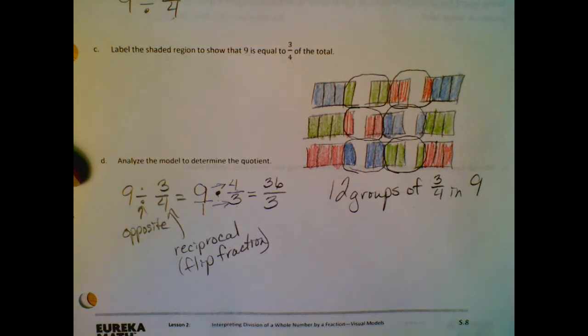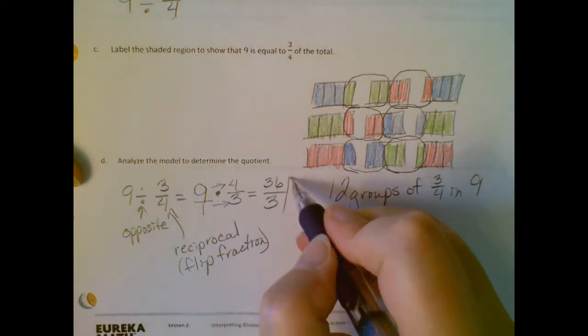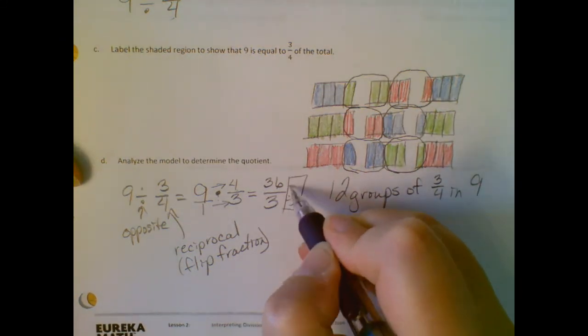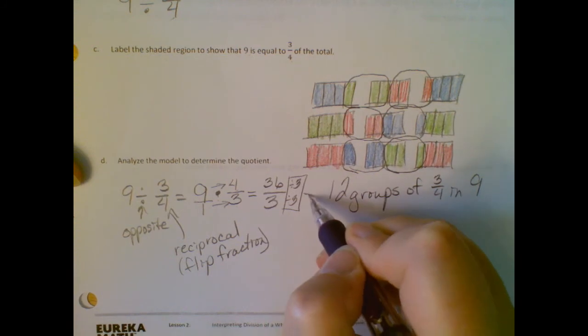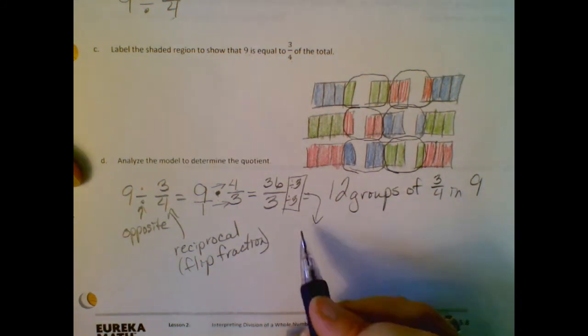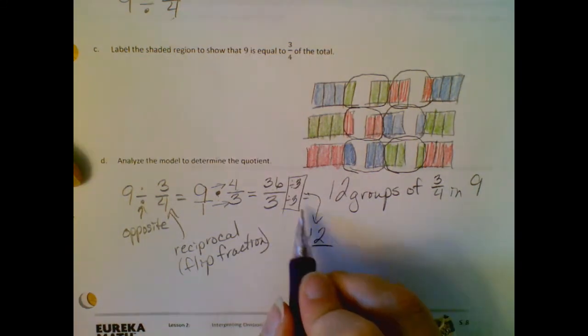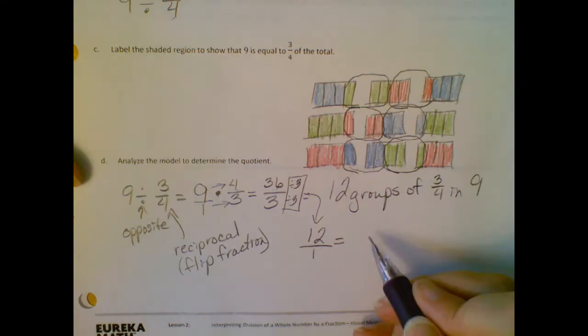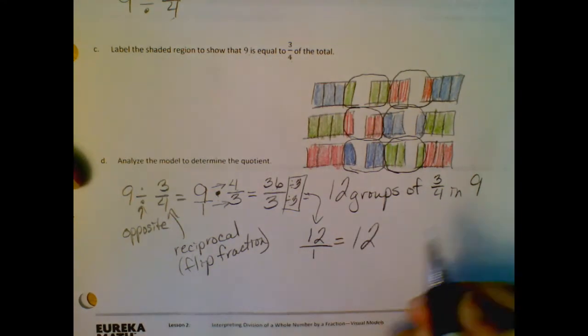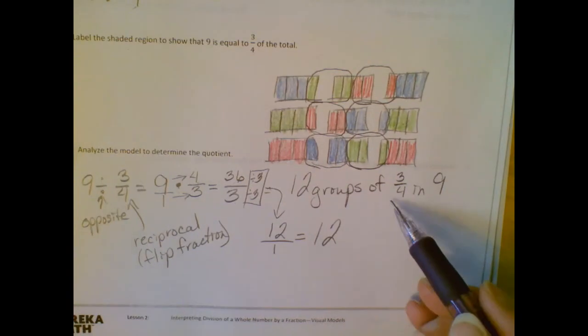Okay, therefore I can now reduce as well. I'm going to divide by a giant 1 of 3. And running out of room, I'll move it down here. 36 divided by 3 is 12. 3 divided by 3 is 1. And that gives me 12 groups. And my answer, 12 groups of 3/4 in 9.